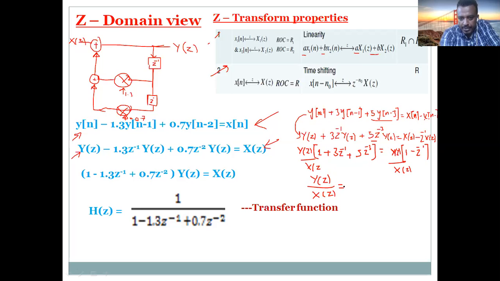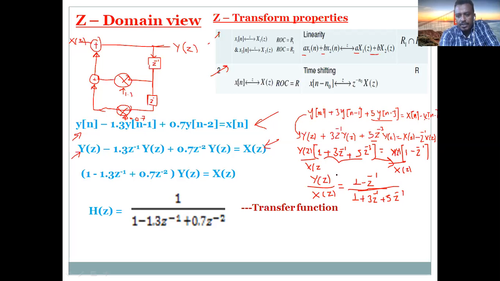On this side we have 1 minus z to the power of minus 1 divided by this factor here. Take this to the other side, it will be the denominator. So 1 plus 3 z to the power of minus 1 plus 5 z to the power of minus 3.